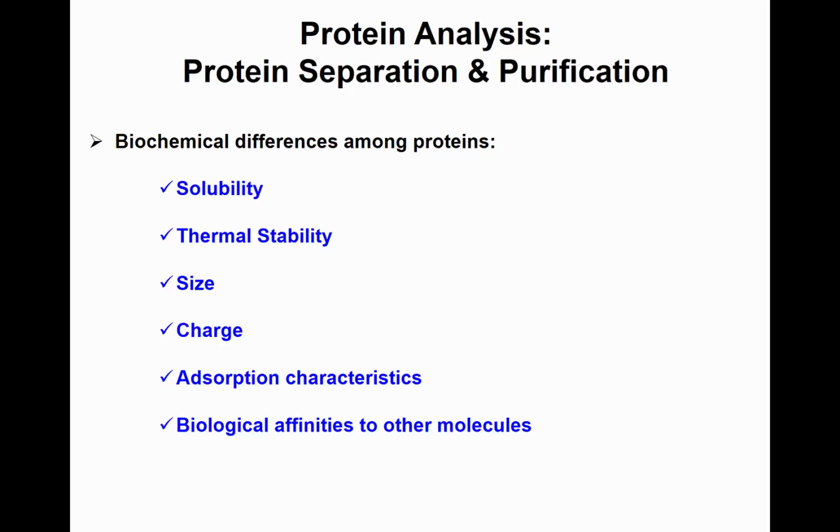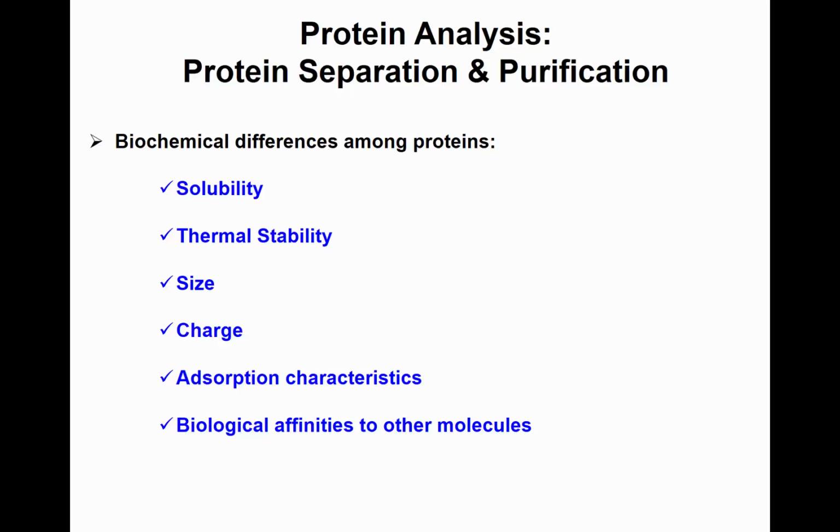Size. If I know the protein size, I can select a particular membrane with a particular cutoff so that I can isolate it from the different components of the sample. Charge. What's the net charge? That will impact what pH and salt concentration, for example, I could use to isolate. Adsorption characteristics would help me if I want to use affinity chromatography.